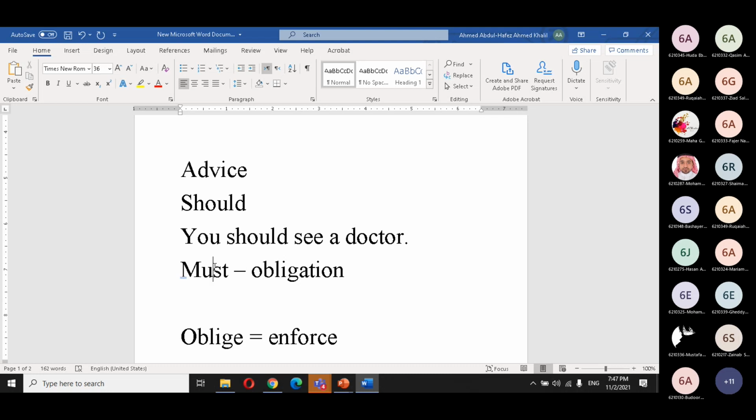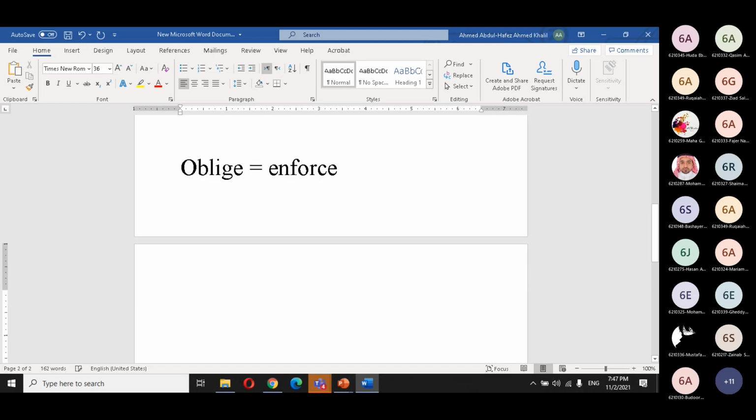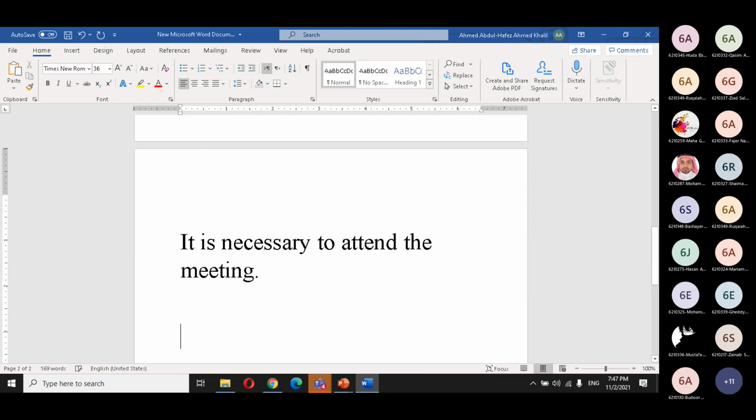Must is used for showing that something is necessary. Okay, so maybe you can have a sentence like this: it is necessary to attend the meeting. لو جات لكم جملة زي دي it is necessary to attend the meeting، وين المطلوب؟ use must.